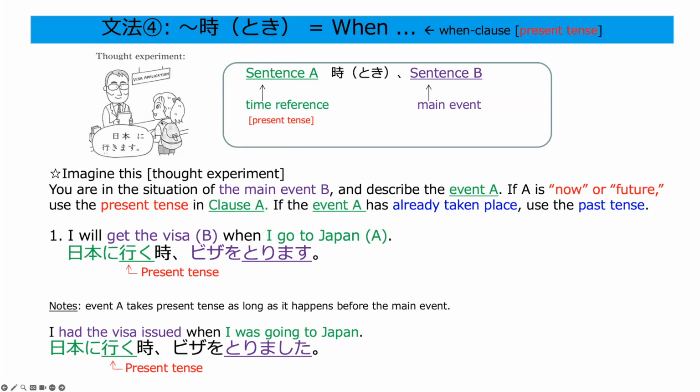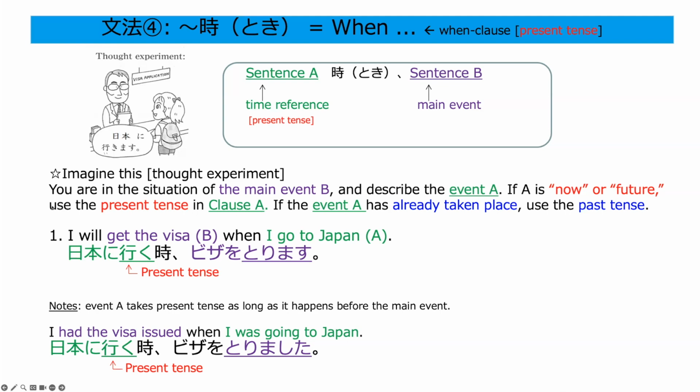Okay. So the sentence is like this. 日本に行くとき、ビザを取ります. A when clause using a present tense, right? This is not because this sentence is referred to as a future tense, but because of the relationship between this action and the main event action.